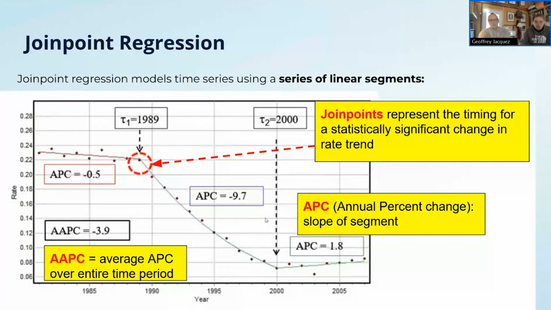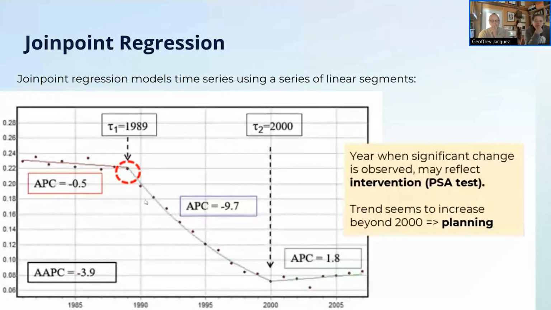And to just summarize all this information, we can also use the AAPC, which is the average APC over the entire time period. In this case, it's minus 3.9, so 3.9% on average over the 30 years. So why are we interested in this model is because, as Jeff mentioned, this can be used, in particular, if you look back at the past, to look at the impact of policies or interventions.